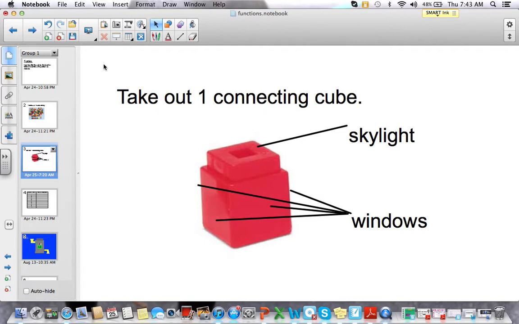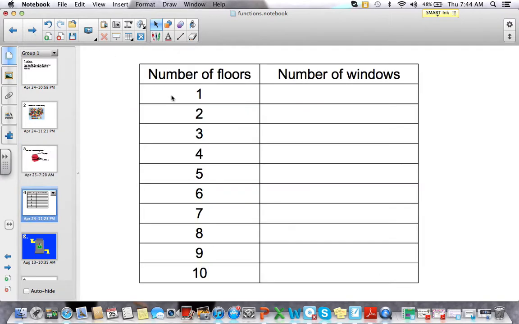If you have a look at the connecting cube, the four sides will represent the windows for the floor, and then the top floor will always have a skylight. So in this first floor, we have the four windows and a skylight. So we're going to represent that on our table. So on number of floors, the first floor, we will have 4 windows.